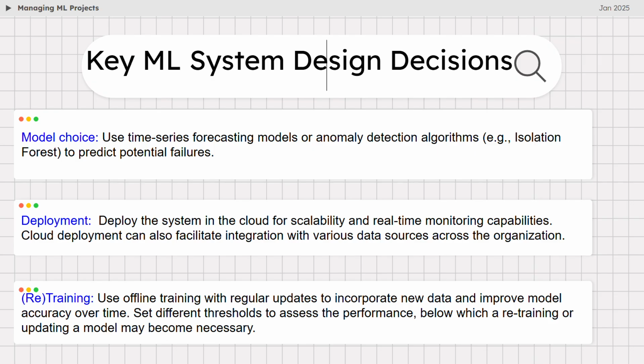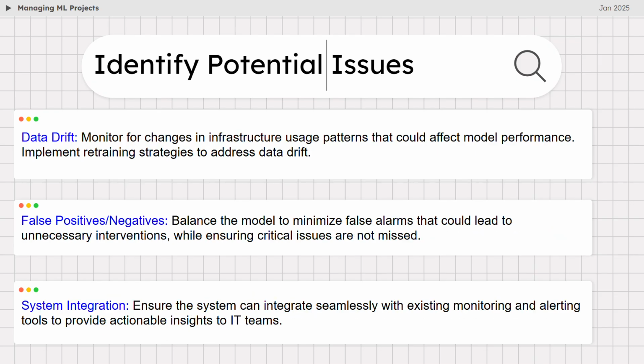If it ever goes below, it means we need to relook at the model to understand if there is any drift in the data or the concepts. Now, the model is deployed. What could be the potential issues? As I said just before, it could be data drift. We will monitor for changes in infrastructure usage patterns that could affect model performance, and implement retraining strategies to address the data drift.